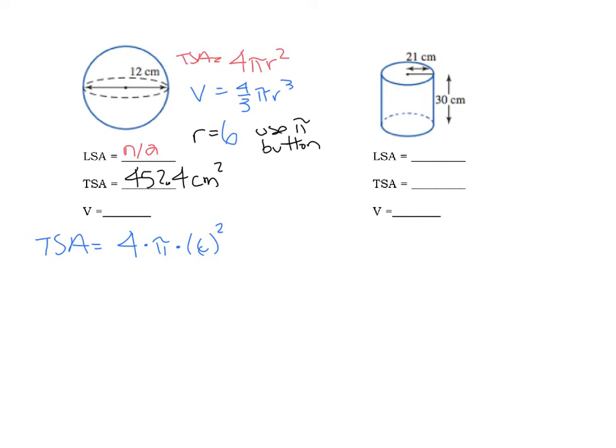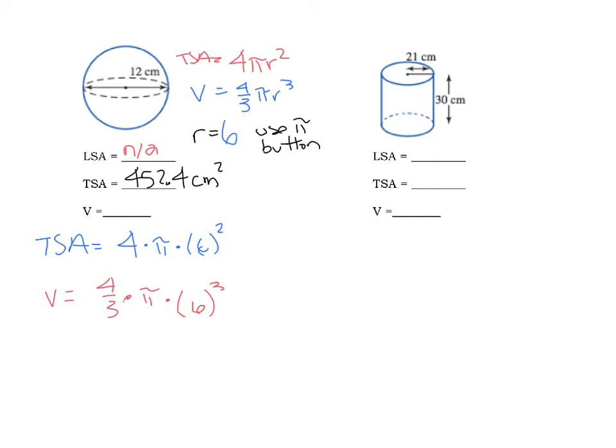Now for the volume, we have 4/3 times the pi button times the radius, which is 6, cubed this time. I always like to put my fraction in parentheses, just a good habit. So 4/3 times the pi button times 6 now being raised to the 3rd power.